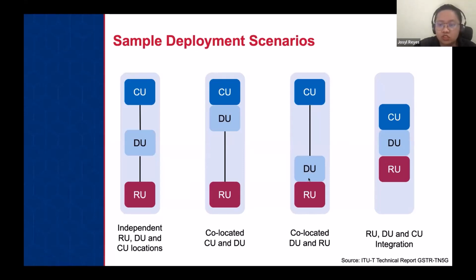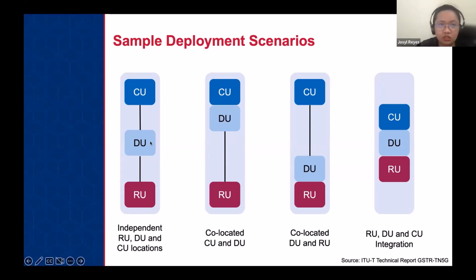So the connection of DU and RU is just meters away. And then lastly, the RU, DU, and CU are all integrated in the same site. There's no fronthaul and midhaul, but mostly just backhaul, going up to the core network. This is mostly used in small cells, hotspot scenarios.